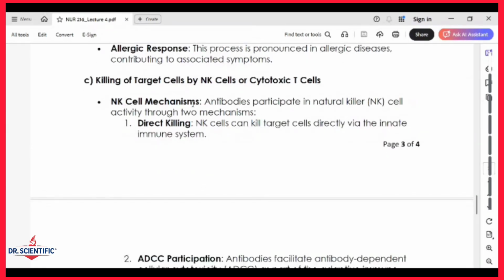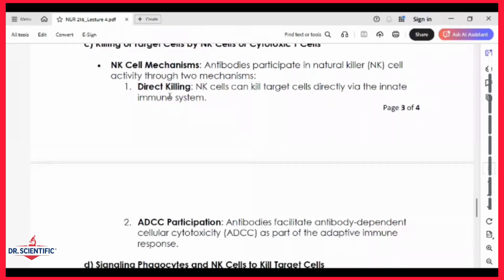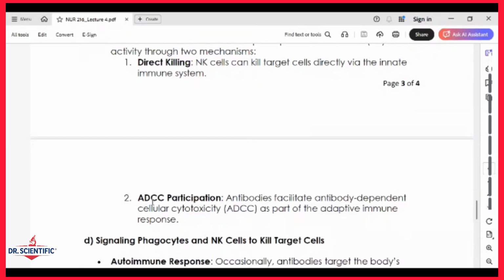So, antibodies participate in natural killer cell activity through either direct killing via the innate immune system, or via ADCC, antibody dependent cell cytotoxicity.